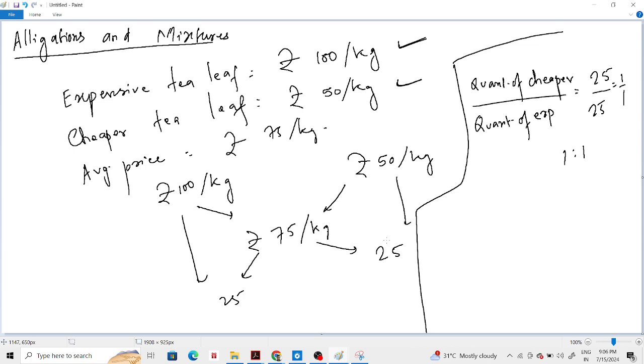The price of the expensive one per kilo, the price of the cheaper one per kilo, and some amount of the expensive one is picked up and some amount of the cheaper one is picked up, and they are mixed. When they are mixed, we get the price of the mixture. Okay, the question is what is the ratio of the quantity of the two grades in the mixture?